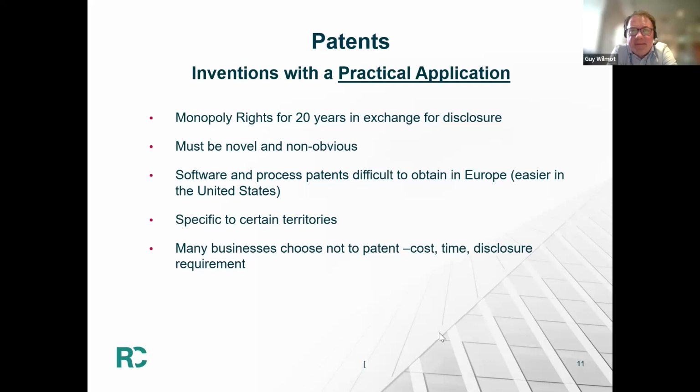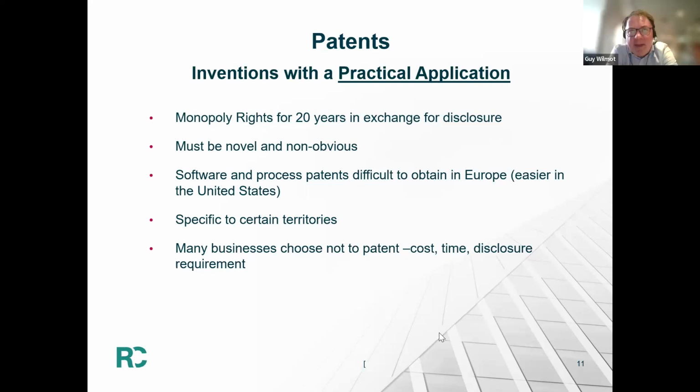A patent is a form of right, one of the oldest forms of intellectual property right, and it's there to cover inventions. The intention behind a patent is that it's there to cover an invention that has a practical application.